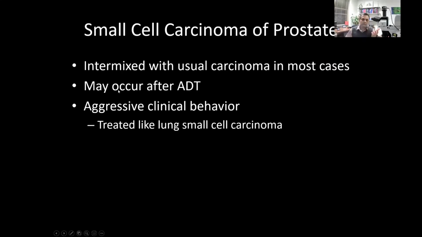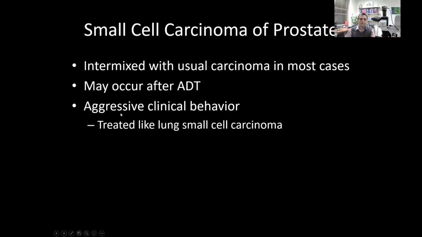And in many cases, it may also occur after androgen deprivation therapy for prostate cancer. So a process called clonal selection may occur, where all the cancer cells, the usual prostate cancer that are responsive to ADT, die off, and what remains actually starts propagating, which is the neuroendocrine phenotype, which does not respond to ADT.